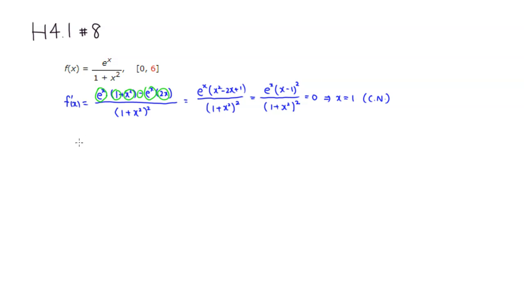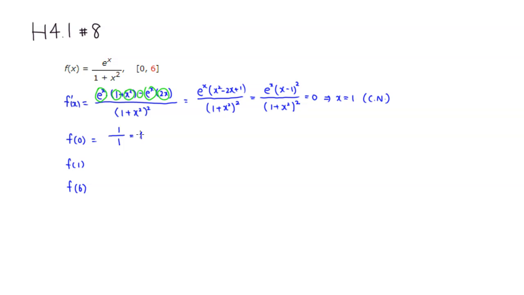So we just need to compute f of the left endpoint, and also f of 1, which is a critical number, and the right endpoint is 6, so f of 6. So f of 0 is e to the 0, which is 1, over 1 plus 0 squared, which would be 1.